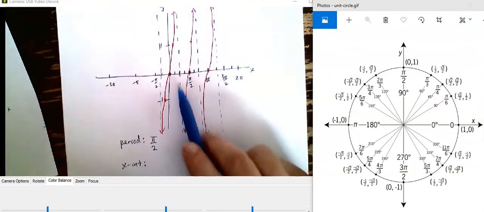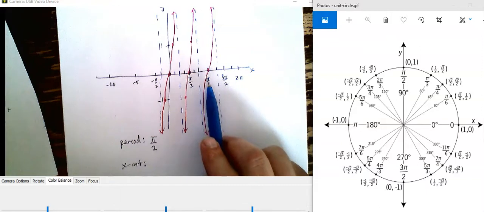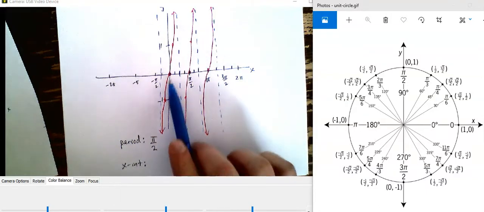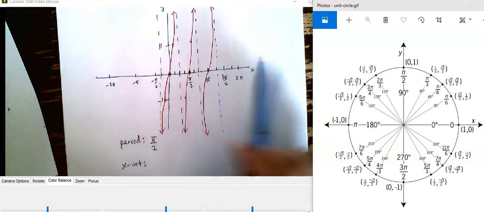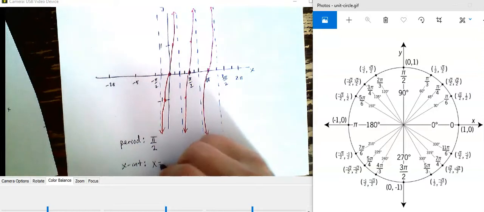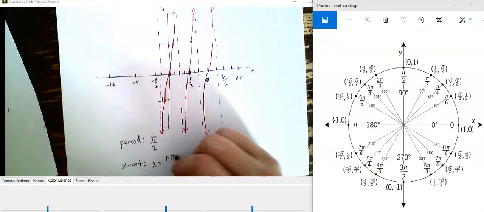It looks like it happens at 0, pi over 2, pi, 3 pi over 2, and again at 2 pi. This is at all multiples of pi over 2. Therefore, X-intercepts occur when X is n pi over 2.